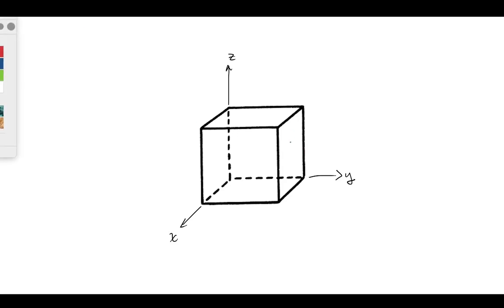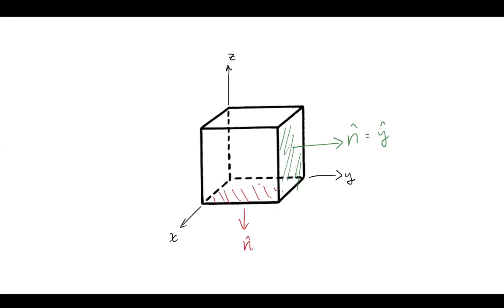So let's take an example: if we were trying to find a normal vector to this surface. What is the normal vector here? Well, on this surface we're moving in the x and z directions as we move around, and the normal is y hat. We could also do this for the bottom surface. If we were to consider this bottom one, what is n hat?